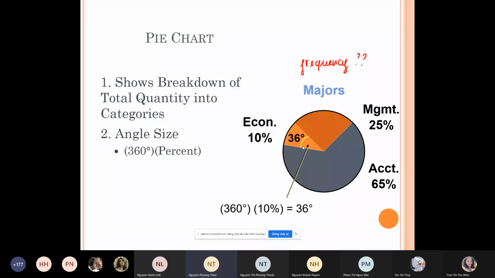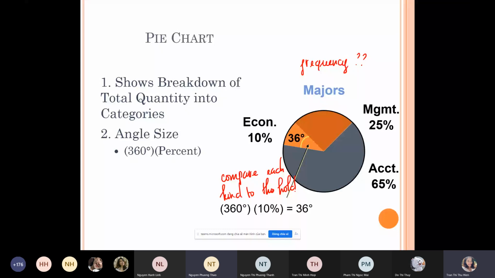I think that when we use pie chart, you can compare each group to the whole group. Yeah, this is easy for you to compare each kind to the whole.